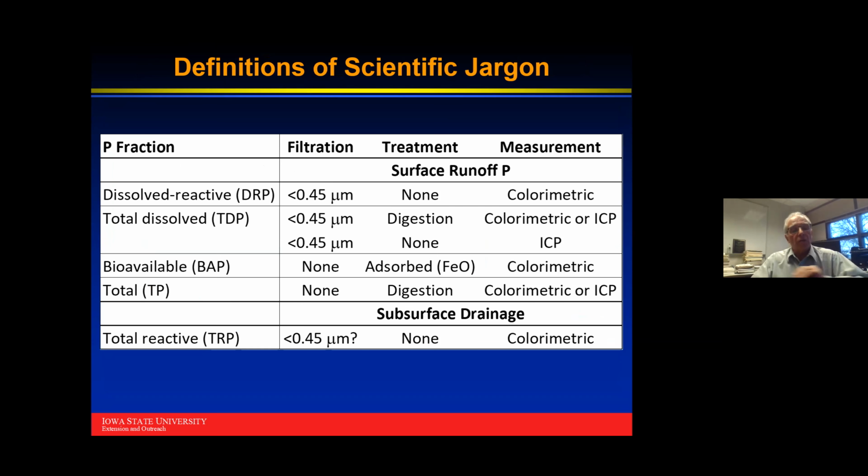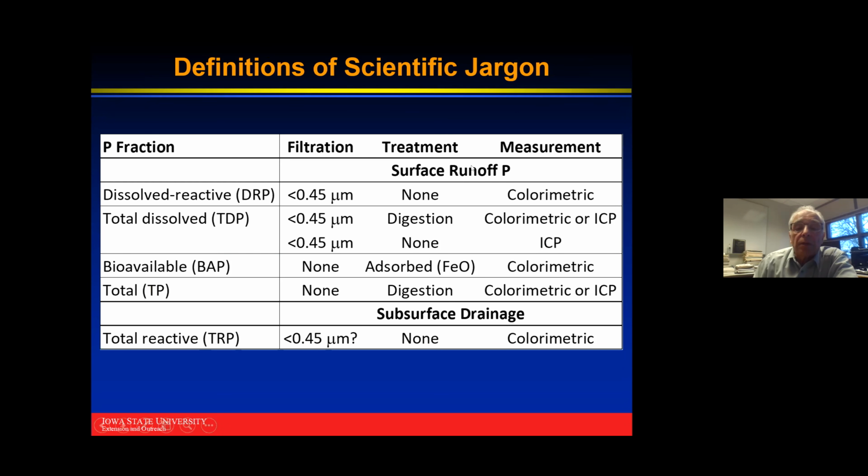Now, I have this slide here because I will be referring to a couple of these things, and my intention is not to define things, because for a couple of the concepts there is still not much agreement between people working in phosphorus water quality, but I think it's useful to remind people what we are talking about.